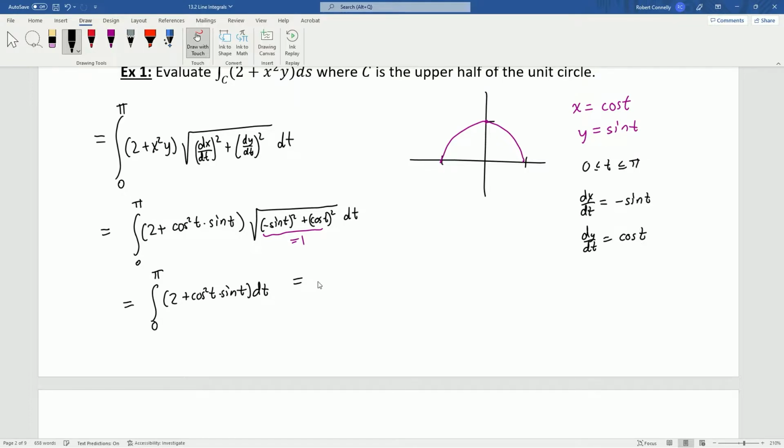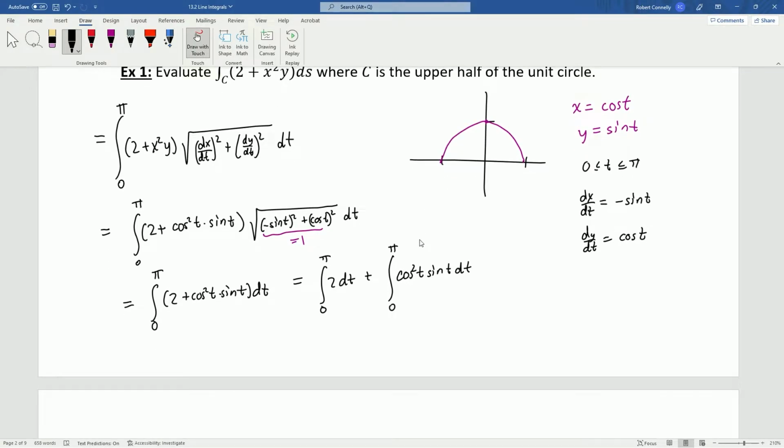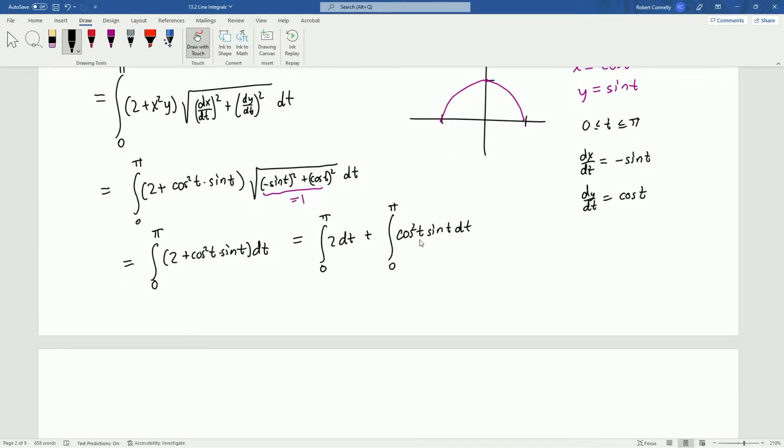And now I can split this into two integrals, the integral from 0 to pi of 2 dt plus the integral from 0 to pi of cosine squared of t times sine of t dt. This gives us 2t evaluated from 0 to pi.